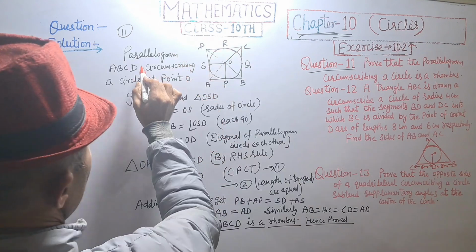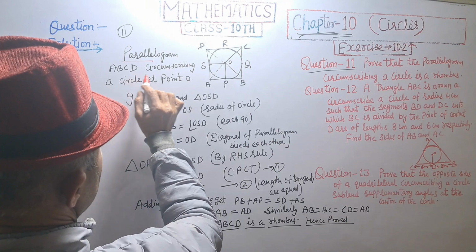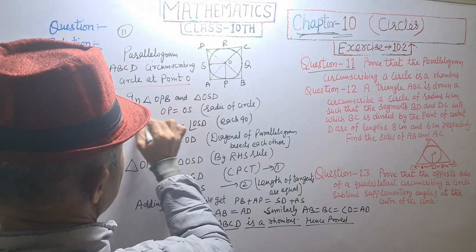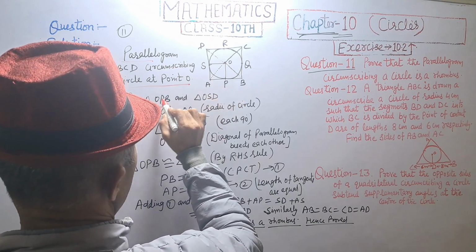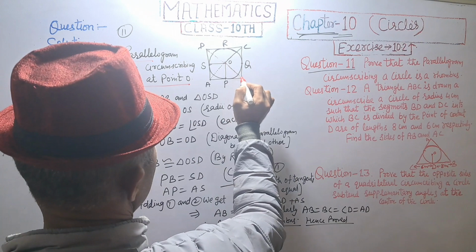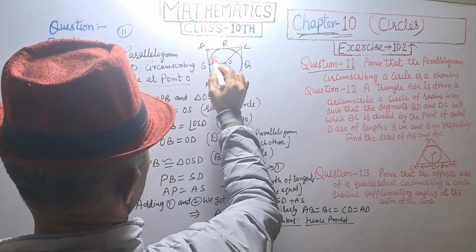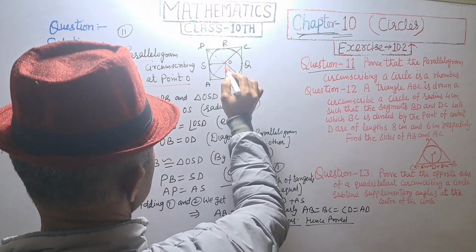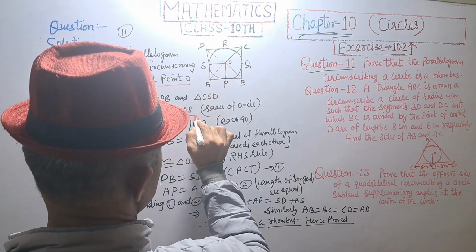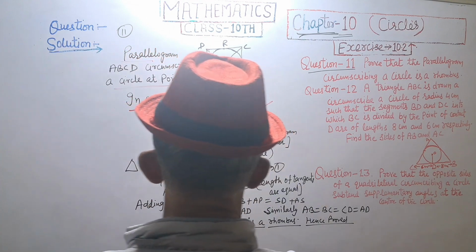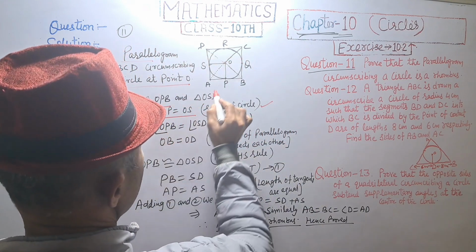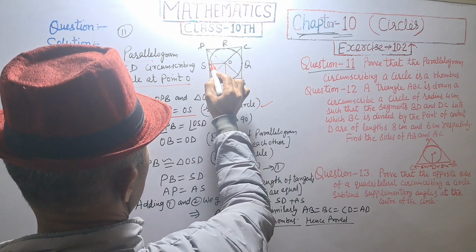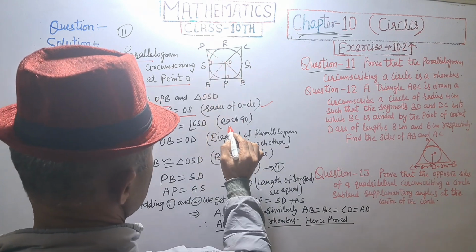ABCD is a parallelogram circumscribing a circle at point O, and in triangle OPB and another triangle OSD, OP is equal to OS, that is radii of circle, and angle OPB and OSD are each 90 degrees.